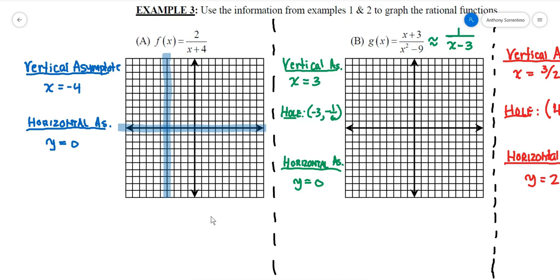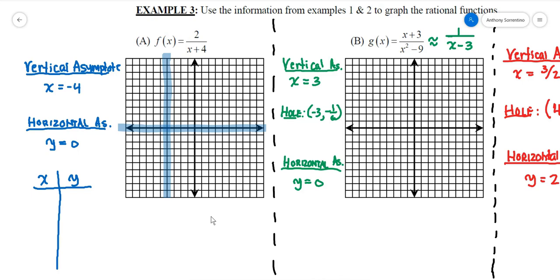I got to get actual points for this. And so I am going to resort back to coming up with a table of values and plotting them. But at least now with the information that I have, I can be more selective about what that information is, because most of the interesting features of the graph, any twists and turns and bends and things like that, are going to occur around the vertical asymptotes.